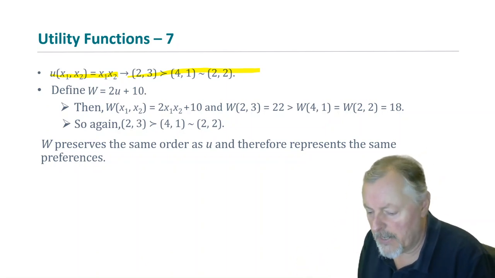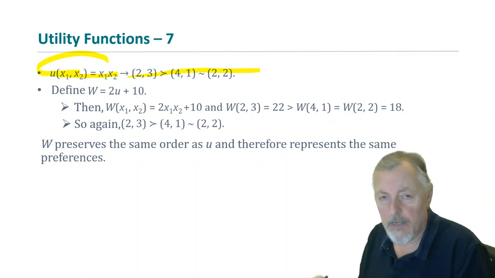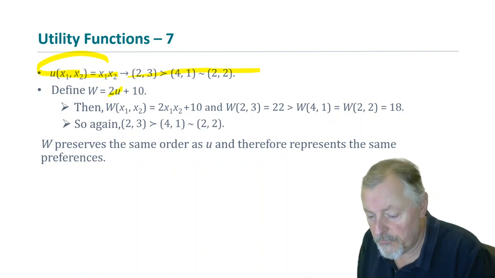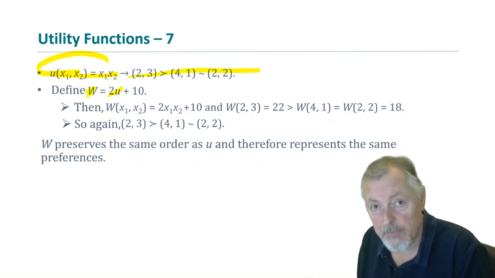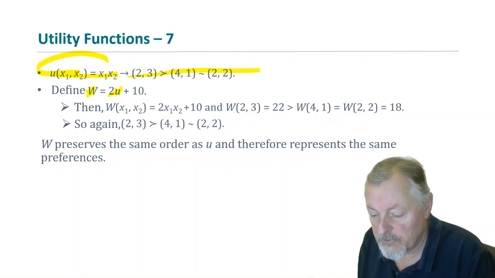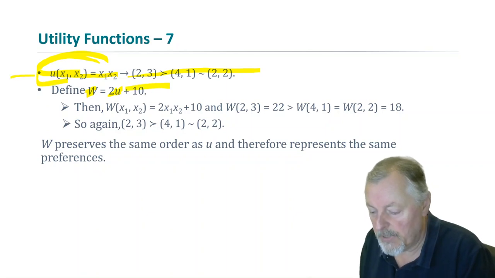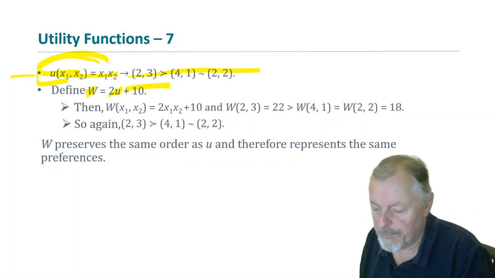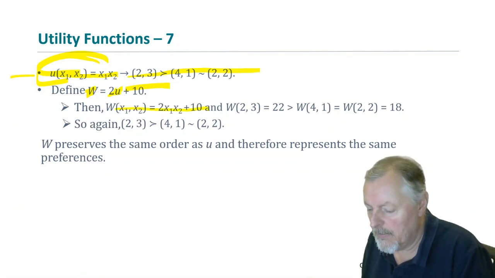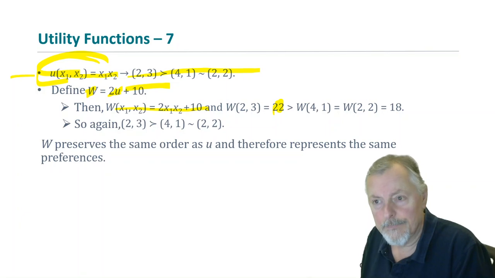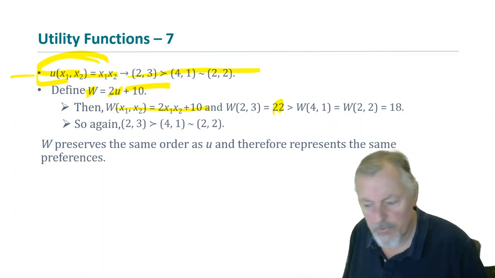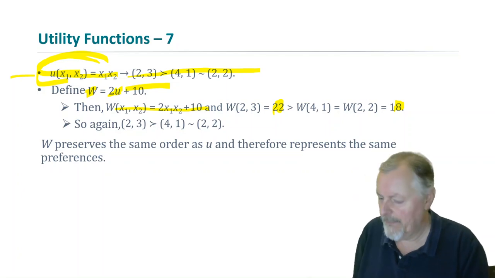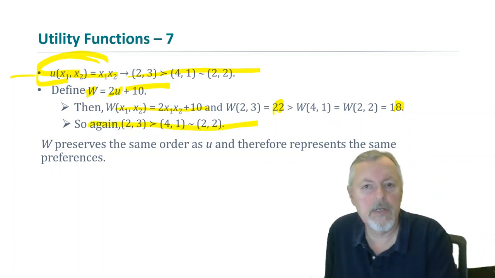Now let's take that utility function and make a different monotonic transformation. It'll be 2, this new utility function w will be 2 times that function plus 10. Well, if you just plug in the numbers, again, you get different utility numbers for each of the bundles, but still, the preference ordering does not change.